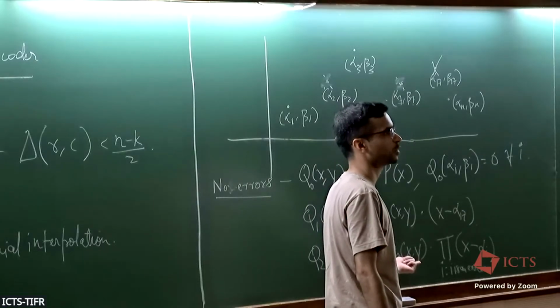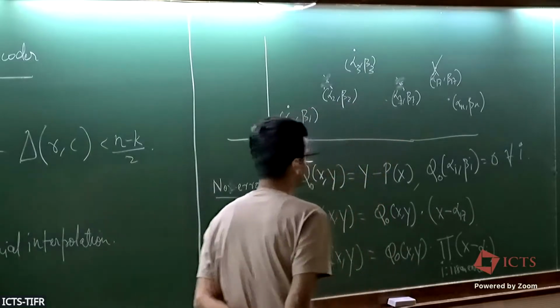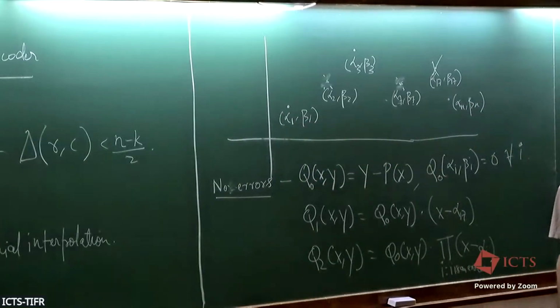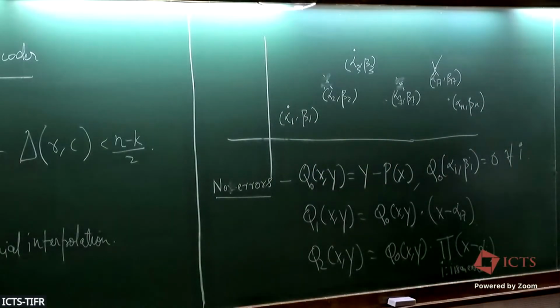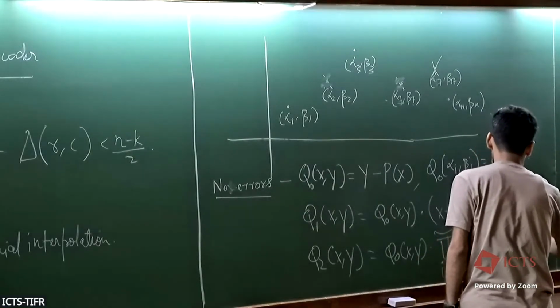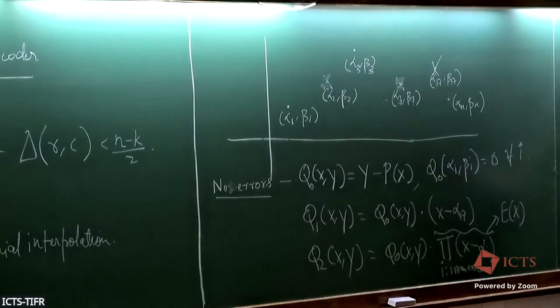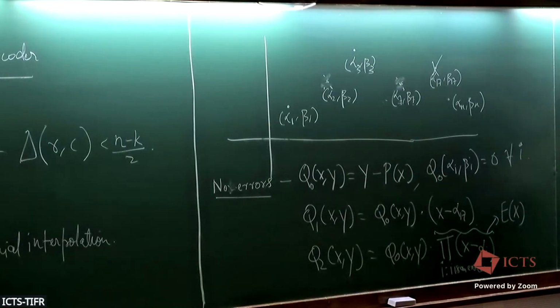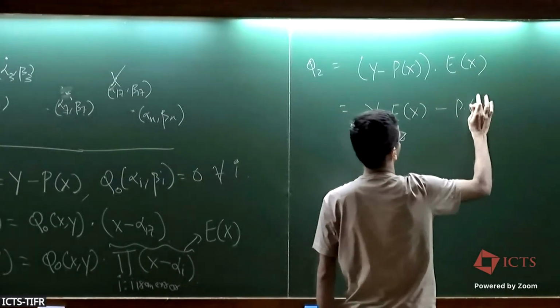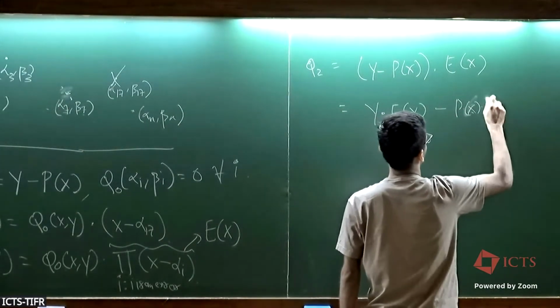How do we find what p of x is? Let's write this. q2 is, let me give this a name, call it e of x. So q2 is y minus p of x times e of x, which is y times e of x minus p of x times e of x.